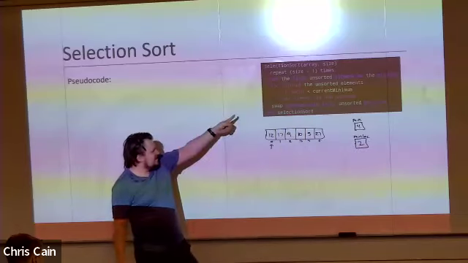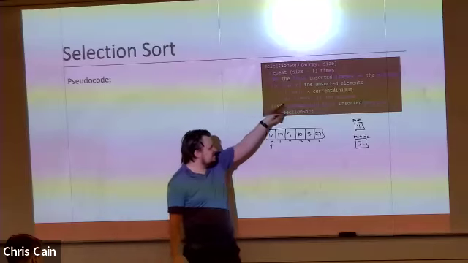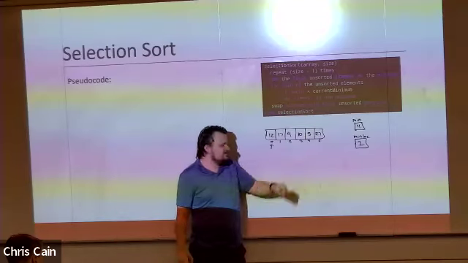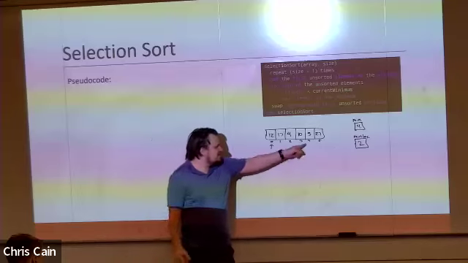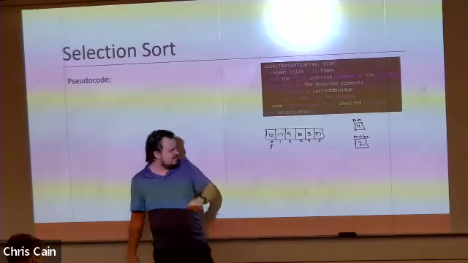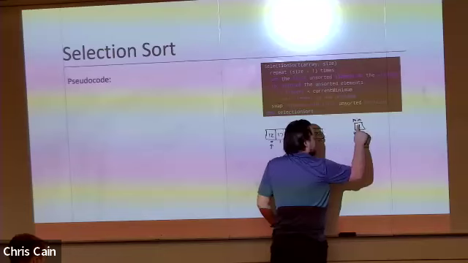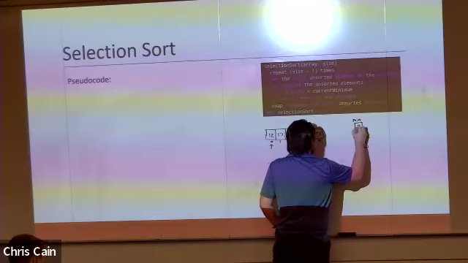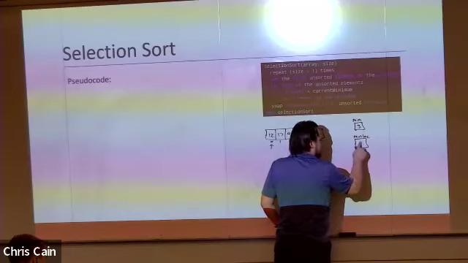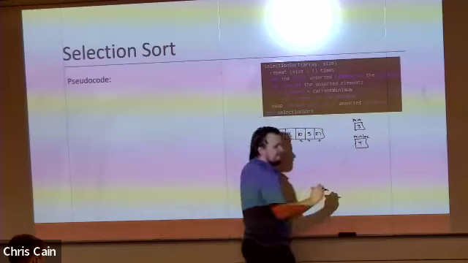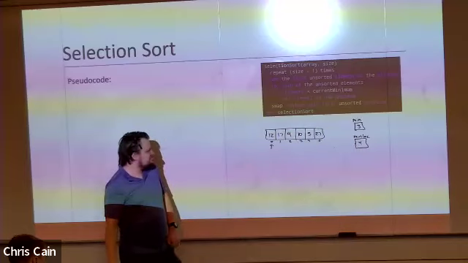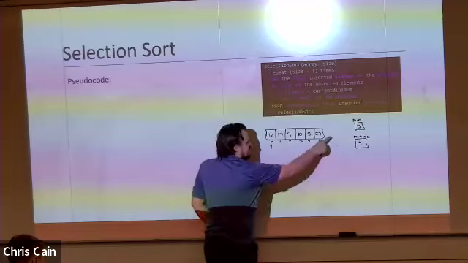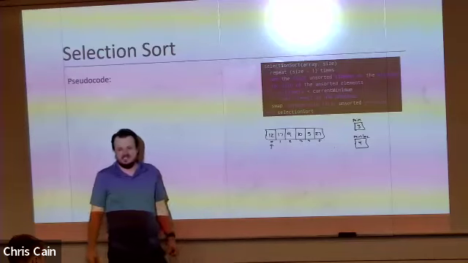Now we're asking, is the element less than the current minimum? So is 10 less than 4? No. Is 3 less than 4? Yes. We're going to set the new minimum to be 3. This new location is at 4. Is 27 less than 3?